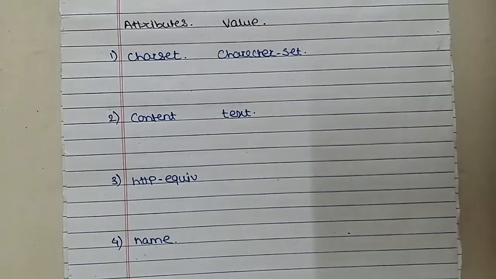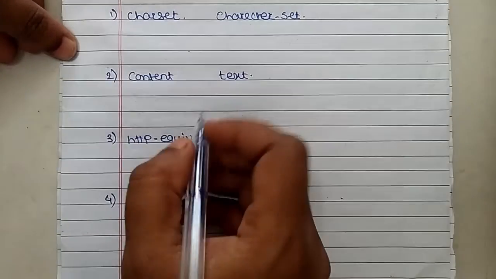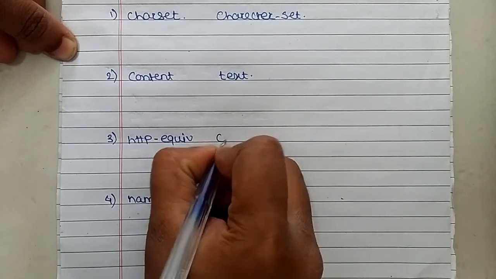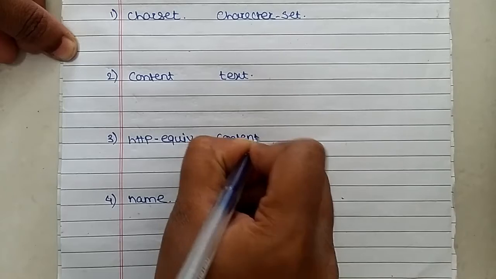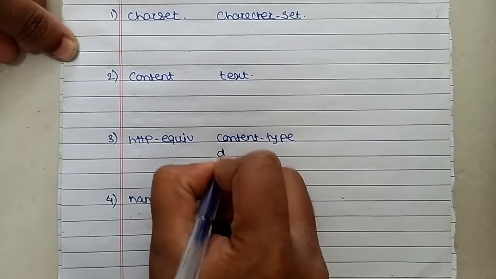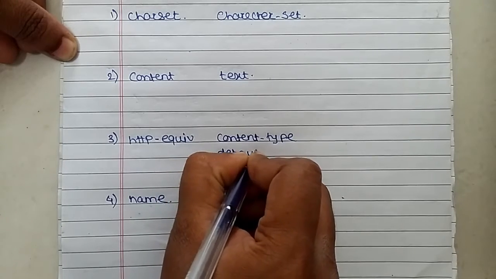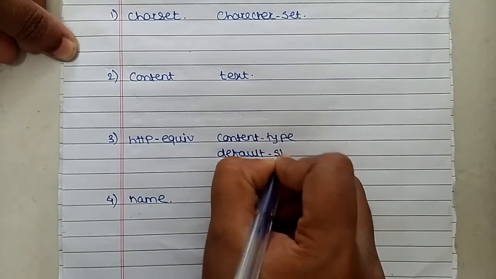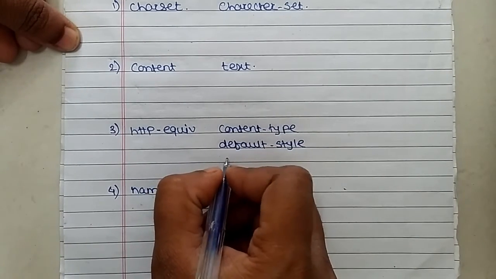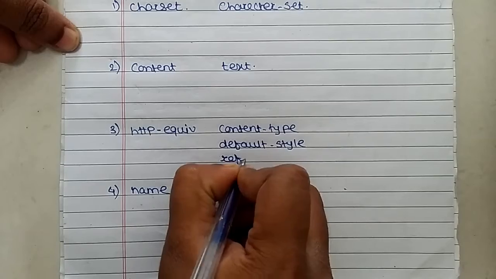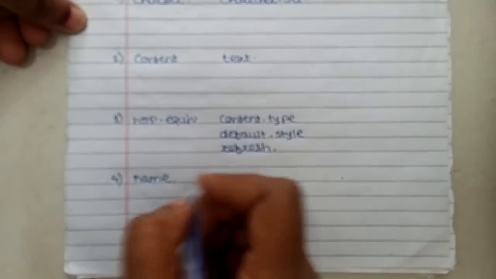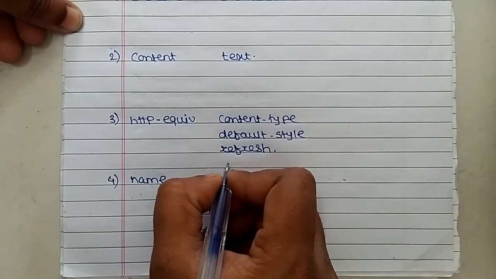Next, the value of http-equiv is content type, default style, refresh, and content security policy.